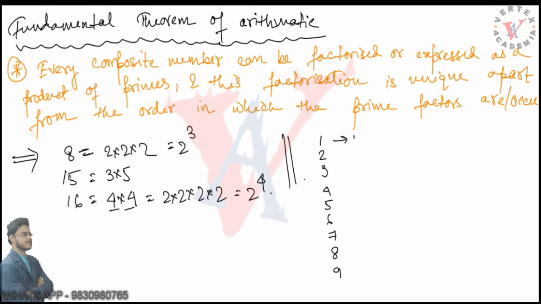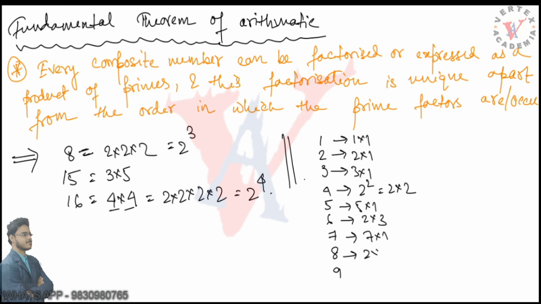Now 1 can be written as 1 into 1, 2 is 2 into 1, 3 is 3 into 1, 4 is 2 square, which is 2 into 2, 5 is 5 into 1, 6 is 2 into 3, 7 is 7 into 1, 8 is 2 into 2 into 2, that is 2 cube, and 9 is 3 into 3, equal to 3 square.